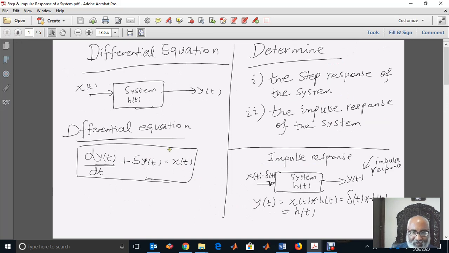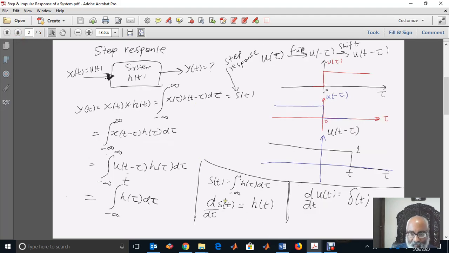So what we normally do is give instead a unit step function, and at the output we get the step response of the system. Once we get the step response of the system, we differentiate it to get the impulse response of the system. So this is the concept. Now you understand the concept.